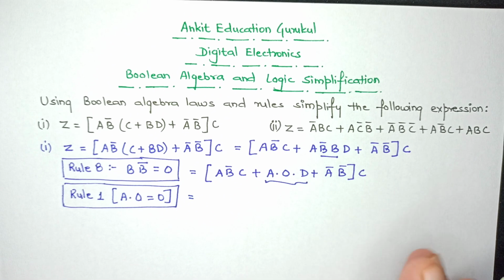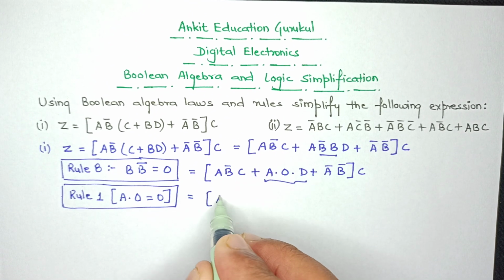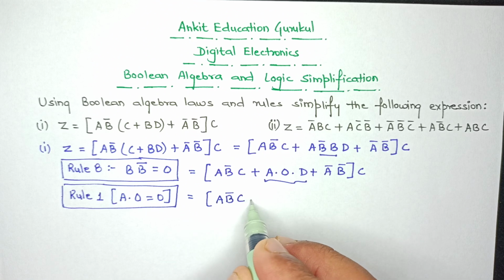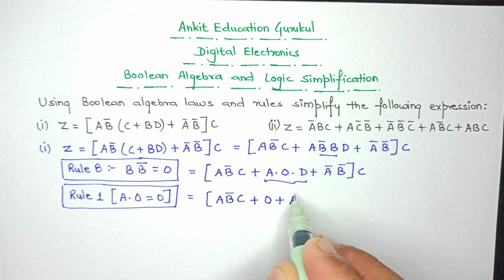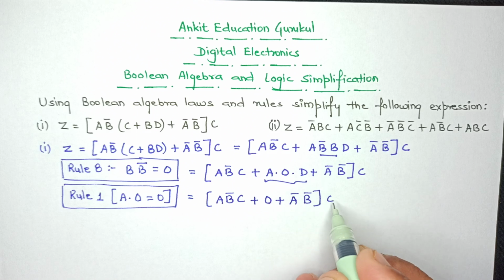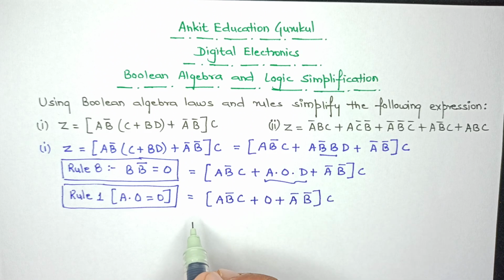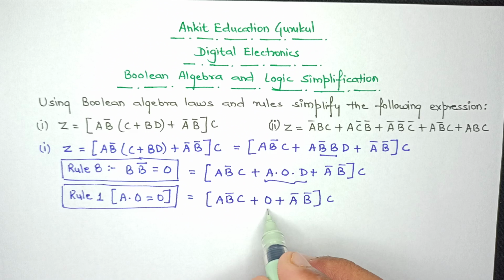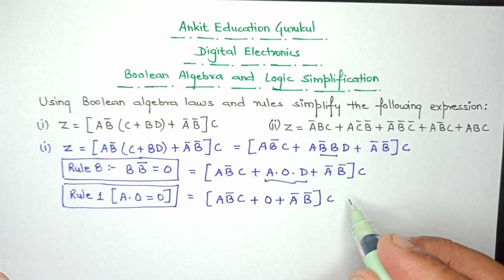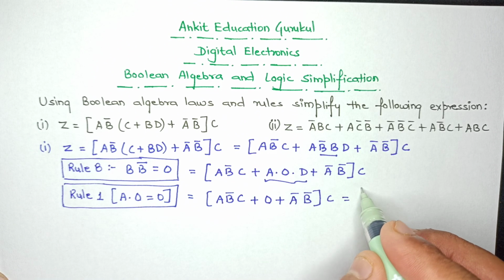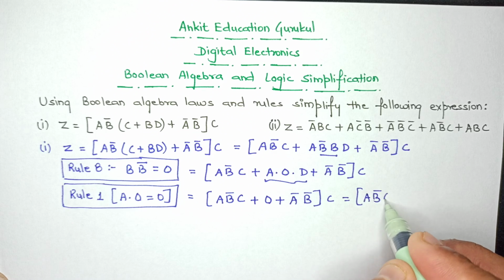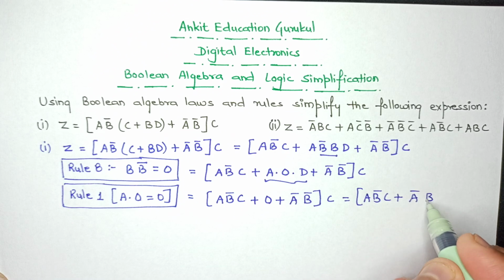That means now we are left with A B bar C plus 0 plus A bar B bar multiplied by C. Now in the next step, we are going to drop this 0 over here. So all that we are left with is A B bar C plus A bar B bar multiplied by C.